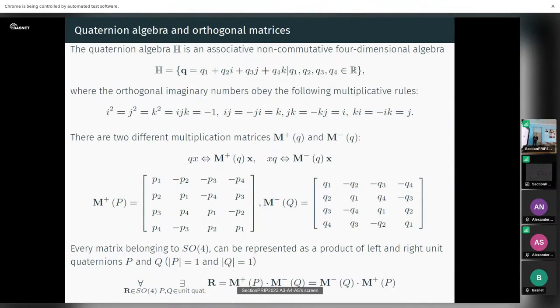But this multiplication can be rewritten as an orthogonal matrix, and a combination of these orthogonal matrices can give us the orthogonal matrix that we want, which is important for filter bank description.